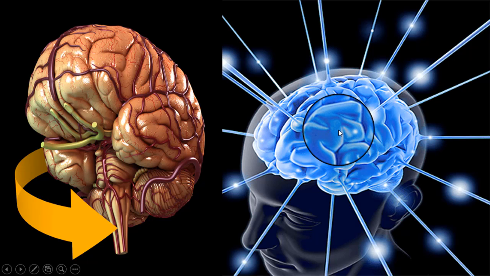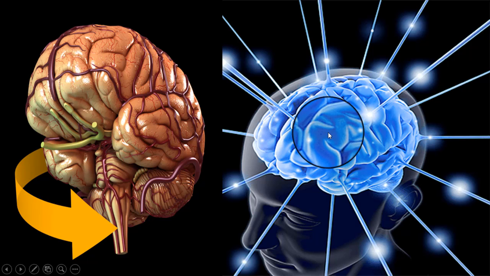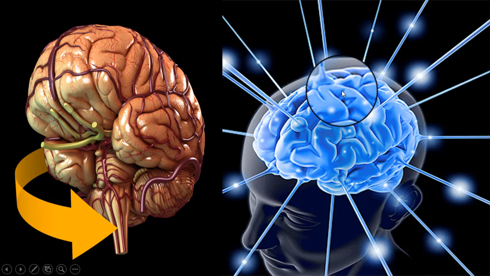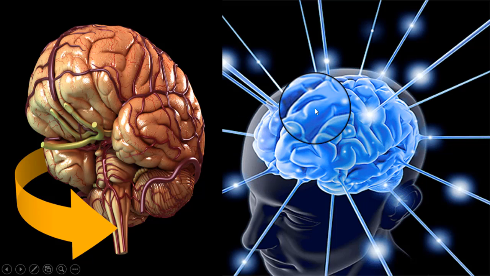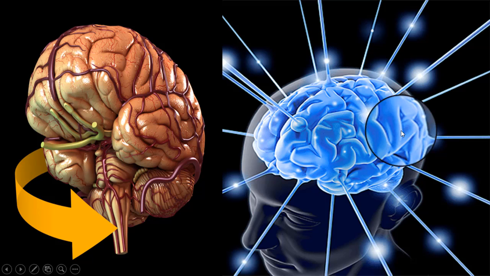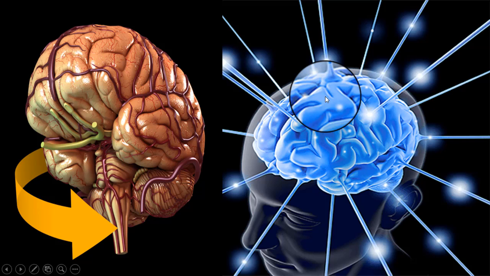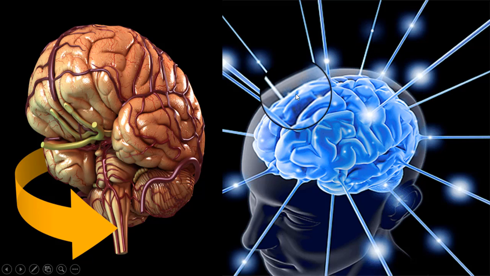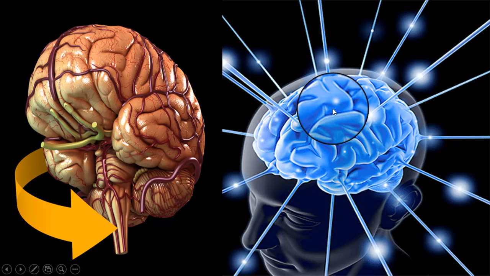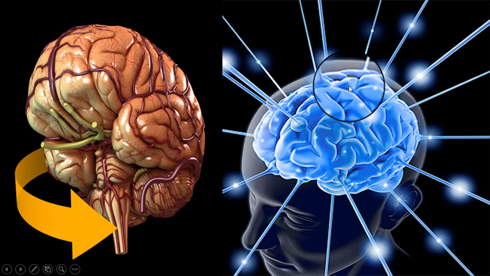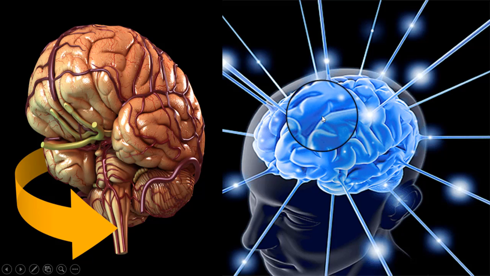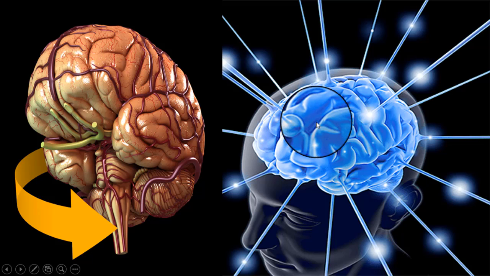The cerebrum is the largest part of the brain and is located superiorly and anteriorly in relation to the brainstem. It consists of 2 cerebral hemispheres, the left hemisphere and the right hemisphere, which are separated by the falx cerebri of the dura mater.